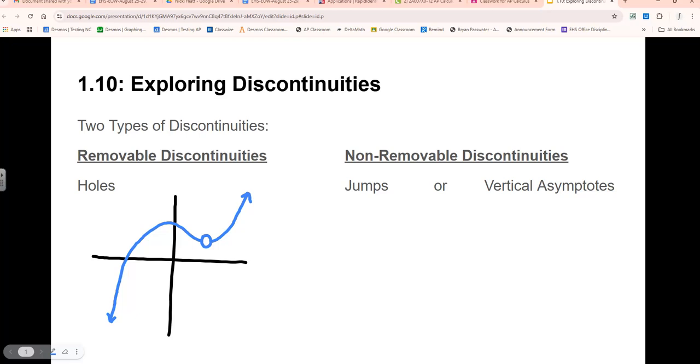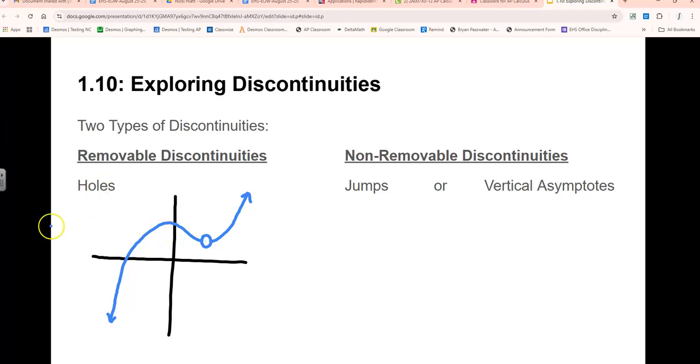Okay, so this point right here is our removable discontinuity. They call it a removable discontinuity because you could remove it with a single point, right? All you would have to do is put a single point right here, and now your function is continuous at that point. Yes, there can be multiple holes on a graph.